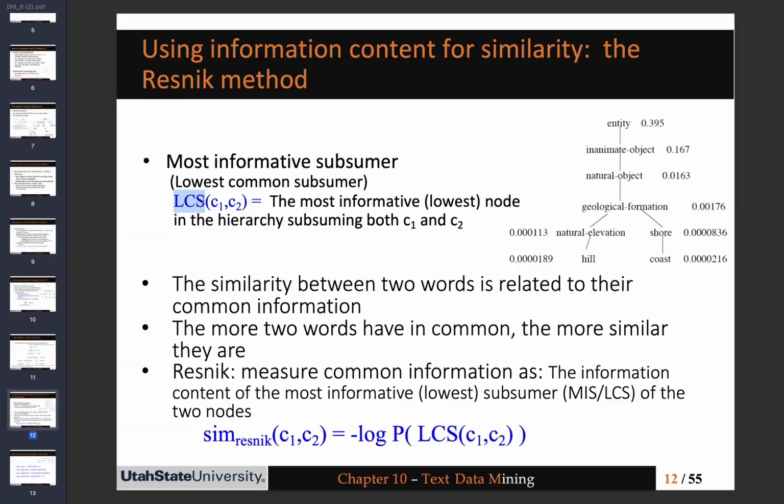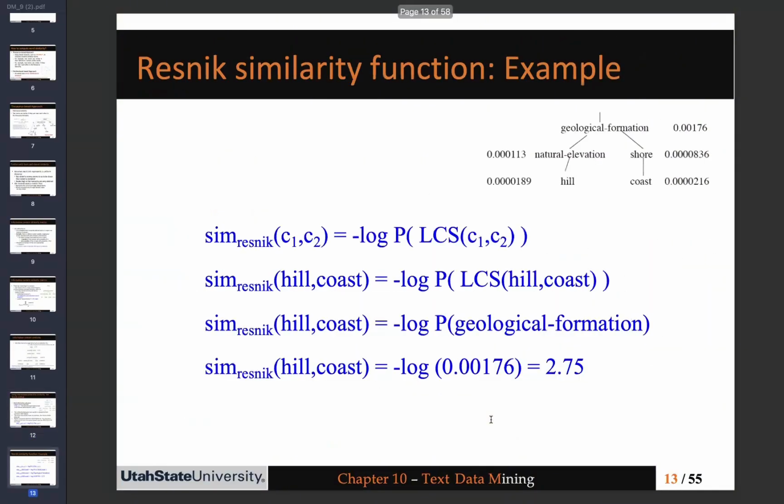It simply means that if I want to find the similarity between two concepts, I need to find their first common parent node, and take the minus log of the probability of the parent node which is common between these two concepts. We're going to see that with a nice example in the next slide.